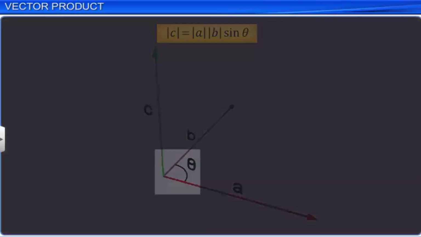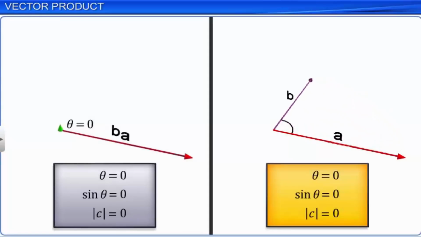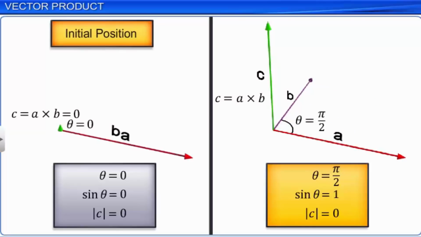When the value of theta changes from 0 to pi by 2, the value of sine theta changes from 0 to 1, and hence the magnitude of a cross product changes from 0 to AB.